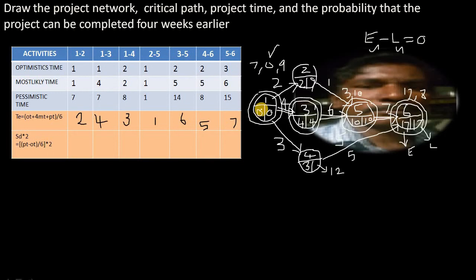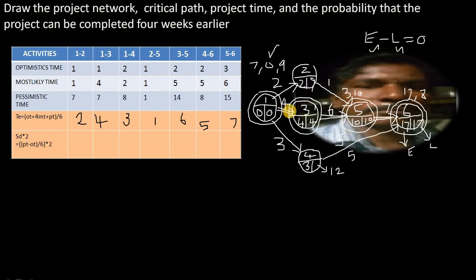I repeat, we are making a path such that the events' difference between the earliest time and latest time equals 0. Now look at this path and not this path, because the difference between the earliest time and latest time is not equal to 0 for this event. Here also the difference between earliest time and latest time is not 0. Therefore through this particular event we are not drawing the path.